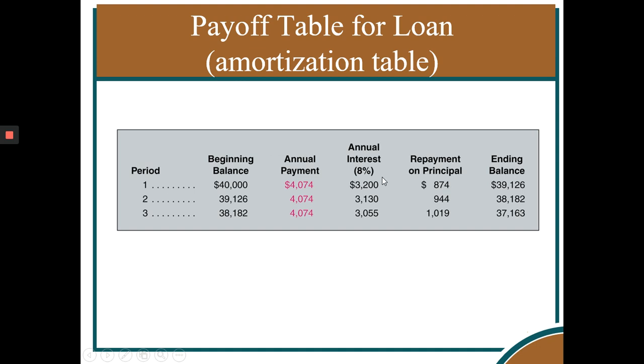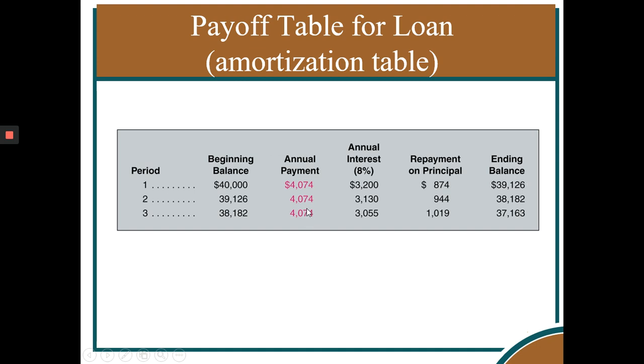Then the repayment on principal is 874, which means out of the 4,074, in the beginning you're paying 3,200 on interest and only 874 on the principal. Then you have a remaining balance of 39,126.